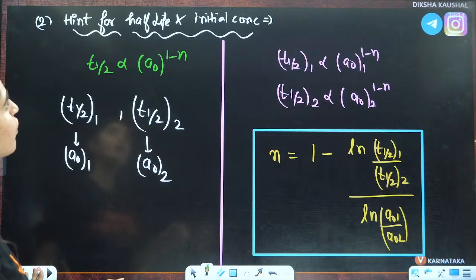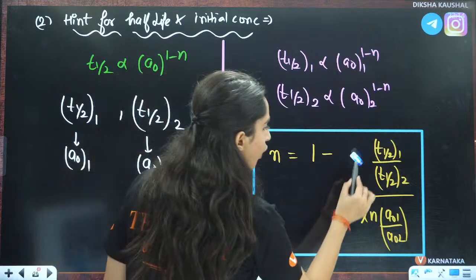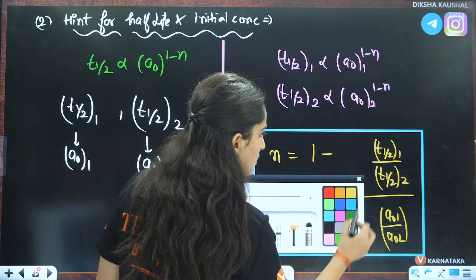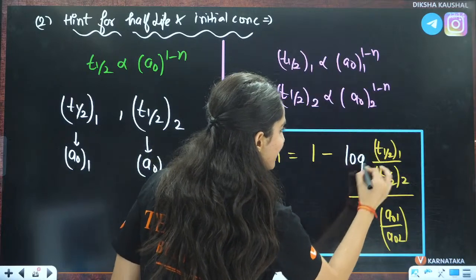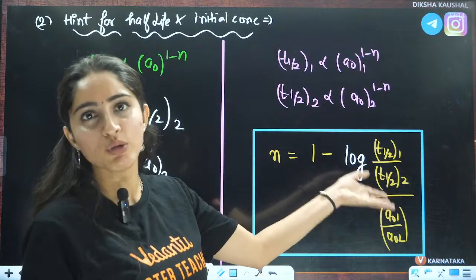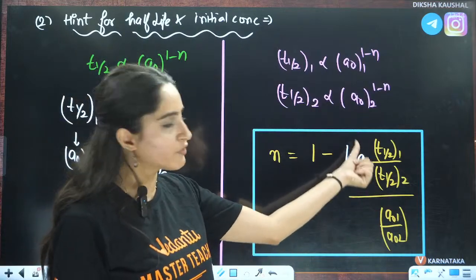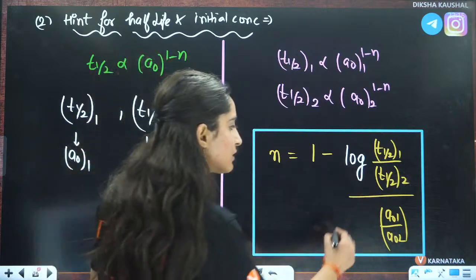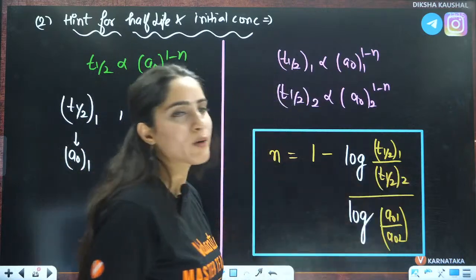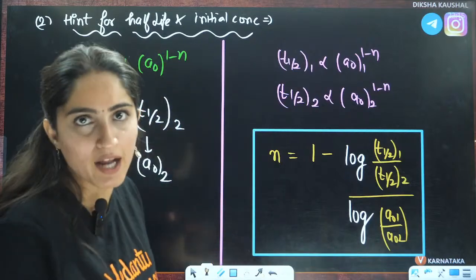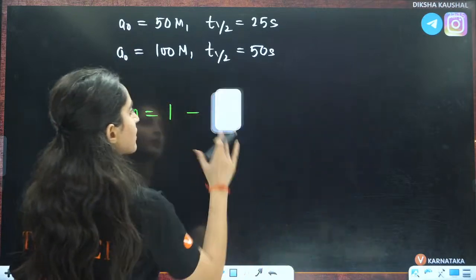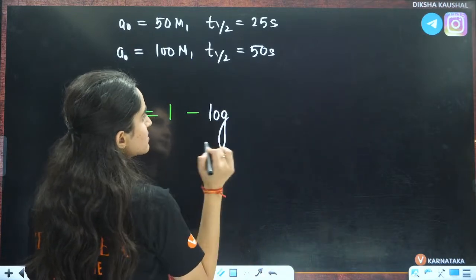You can write log base 10 here also. Do you know why? Because the 2.303 in the numerator and denominator will cancel each other. That is why I am writing log base 10 only, because you don't know the value of natural log, but you know the value of log base 10.